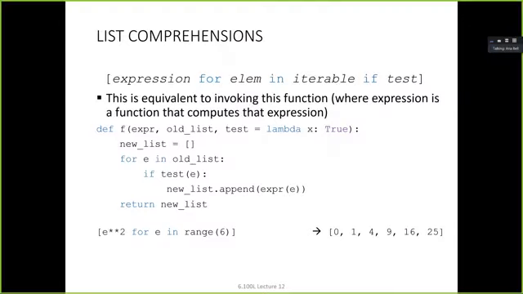So here, I'm not applying the function e squared to a particular set of elements from a list. I'm applying it to the sequence of values given by range. Remember when we were talking about for loops iterating through things? They can iterate through integers following some pattern like range(6), range(1, 9, 2), something like that.